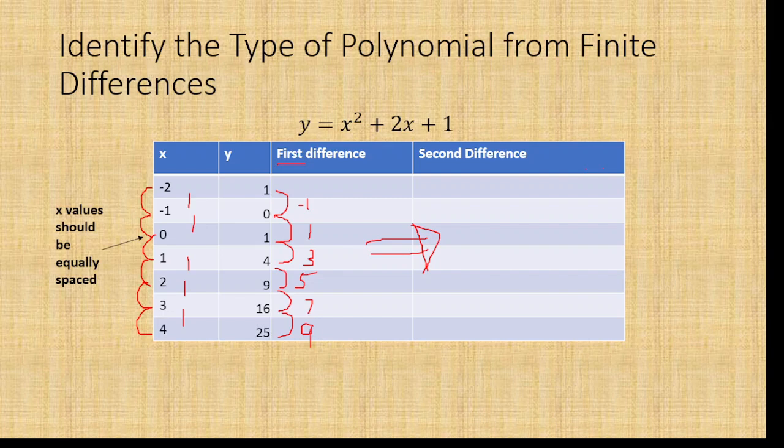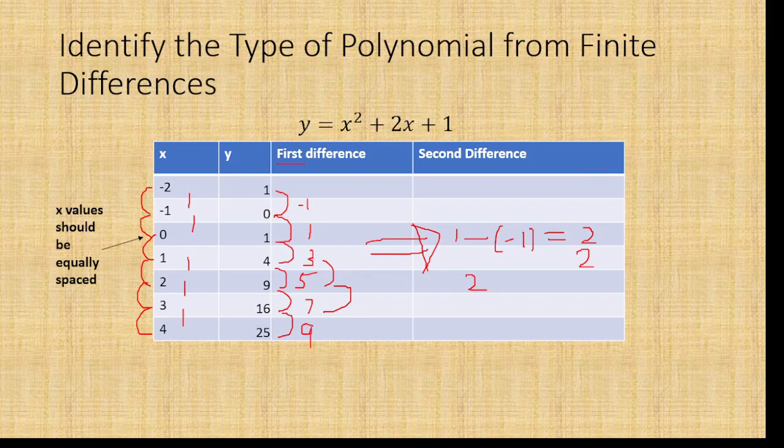So this time we do 1 minus -1, which gives 2. The next is 3 minus 1, which again comes out to be 2. Then 5 minus 3 is 2 again.